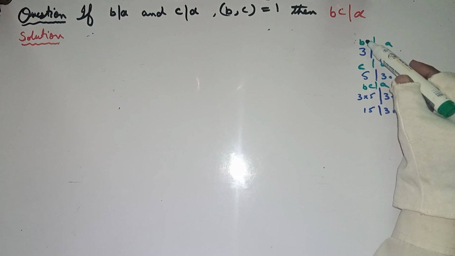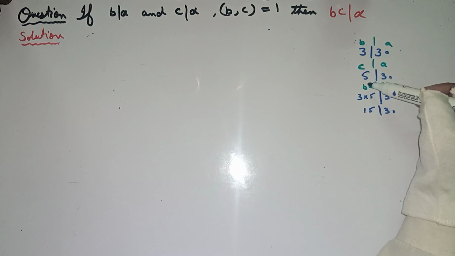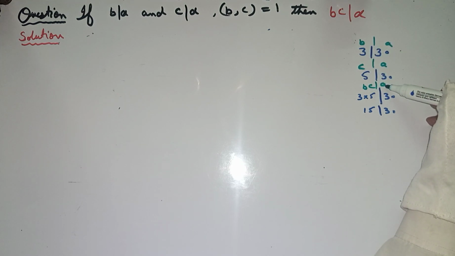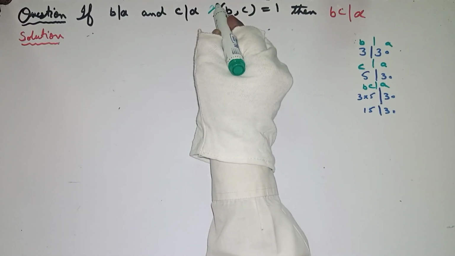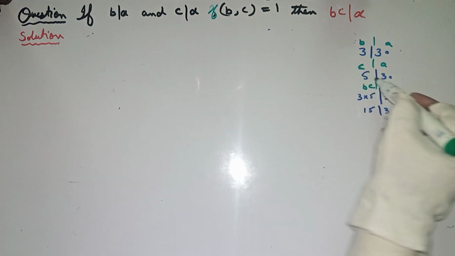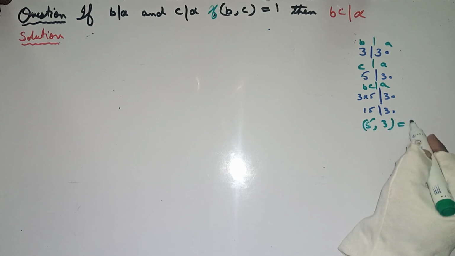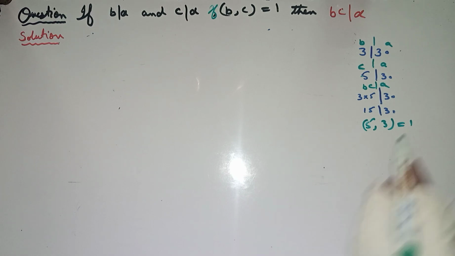If two numbers divide a number, then their product must divide that number if they are relatively prime. These two numbers must be relatively prime, they do not have a greatest common divisor greater than 1.